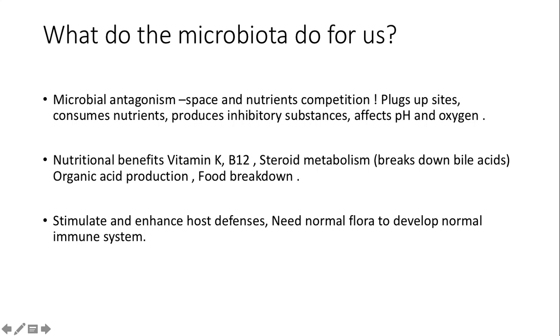So they compete for space and nutrients. On mucous membranes and the skin, the resident microbiota may prevent colonization by pathogens and possible disease through a process known as bacterial interference.